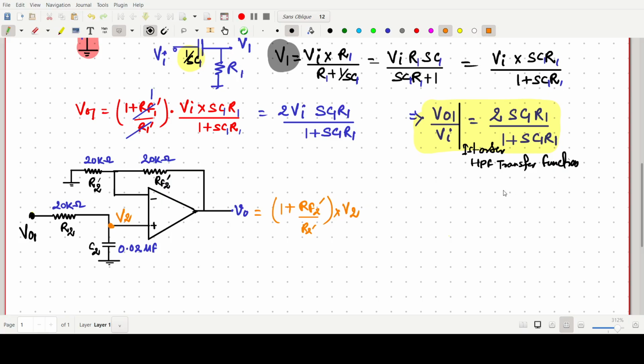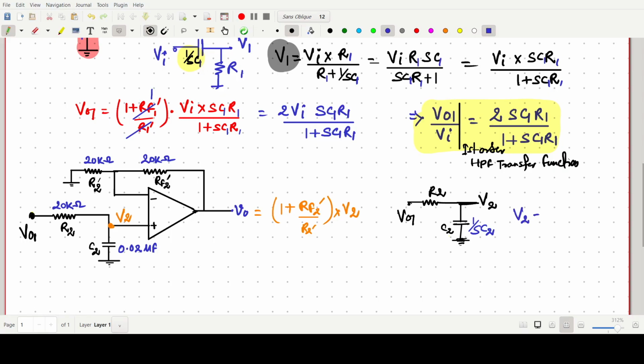For this purpose, I am making a very similar kind of circuit. R2 is there, and C2 is there. This one is grounded, and this one is our V naught 1, and this one is our V2. How will we solve this? We first write the impedance for the capacitor, 1 by SC2. S is the complex frequency variable.